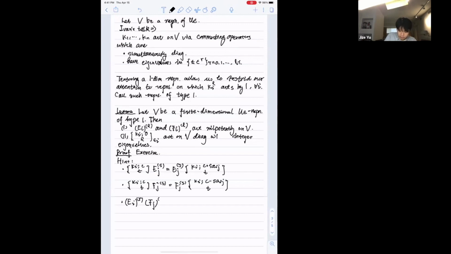divided power of s. And this can be written as, for r, s greater than or equal to t greater than or equal to 0, F_j divided power s minus t, and we times this K_i, 2t minus s minus r choose t, specialized at q_i. Recall q_i is q to the power of d_i, and we times this, this r minus t.